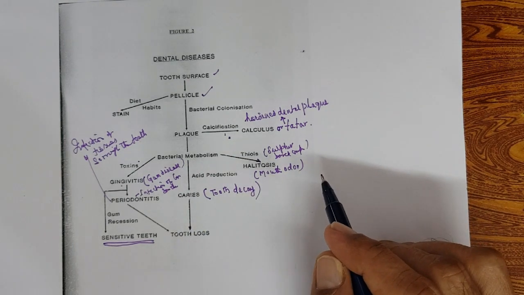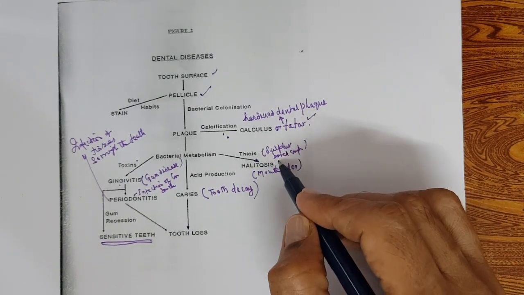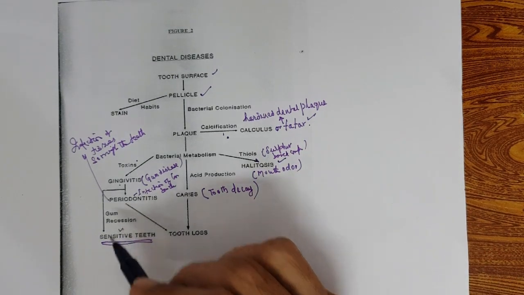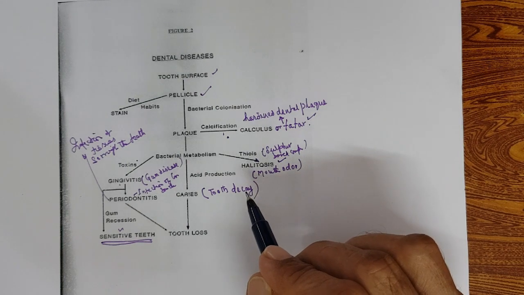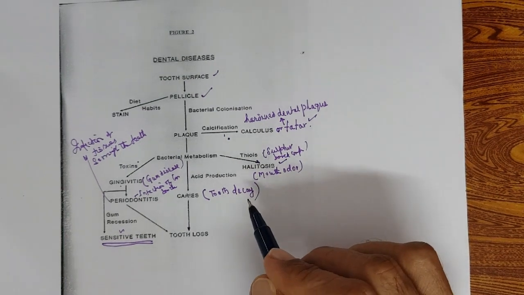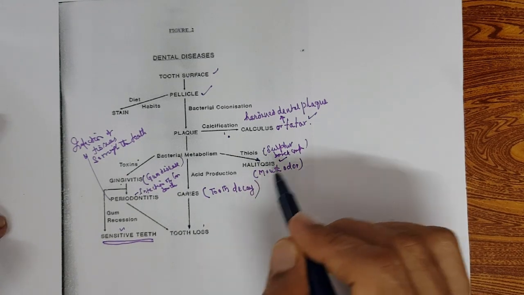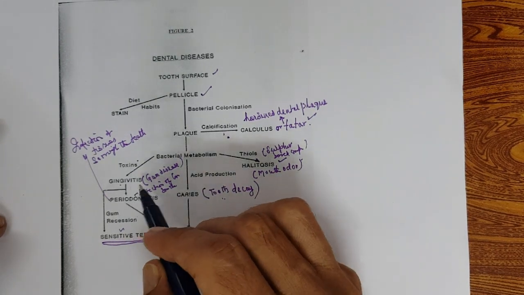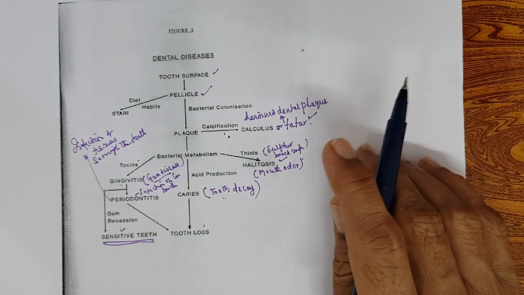So we have a product for tartar, we can develop a product for mouth odor, and products are there for sensitive teeth. By understanding this, we can design products to avoid tooth loss, mouth odor, tooth decay, then gum disease, and strengthen the gums.